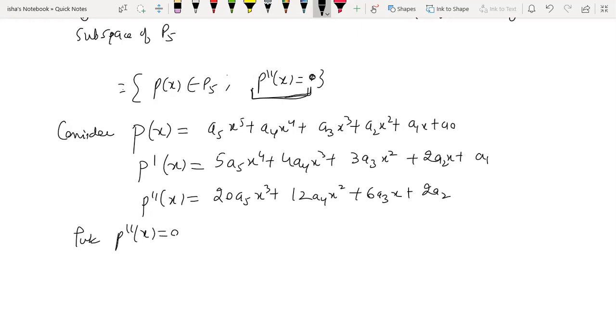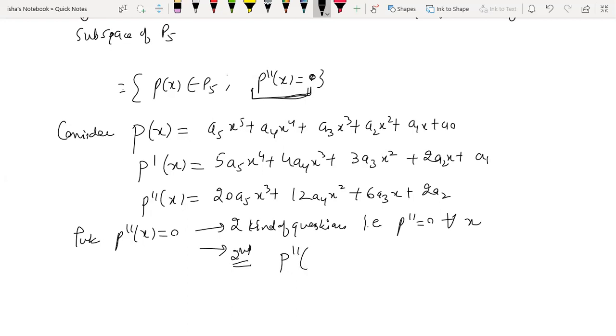Now here there will be two kinds of questions. This condition can be given in two ways. Like in this question, it is given to you p double dash x is 0. That is, the second derivative is 0 for all x. But in the second kind of question, you might be given that the second derivative is becoming 0 at a particular point.